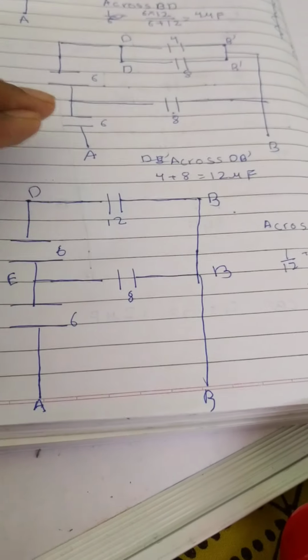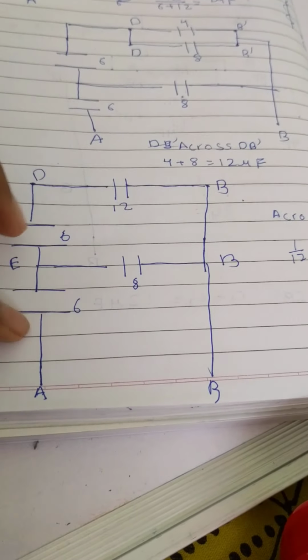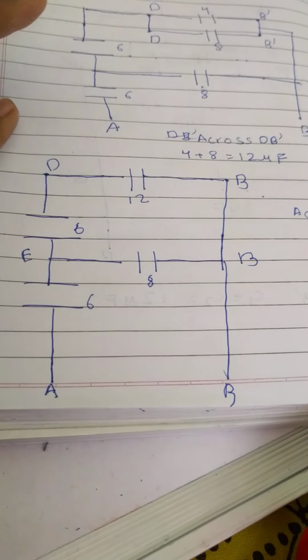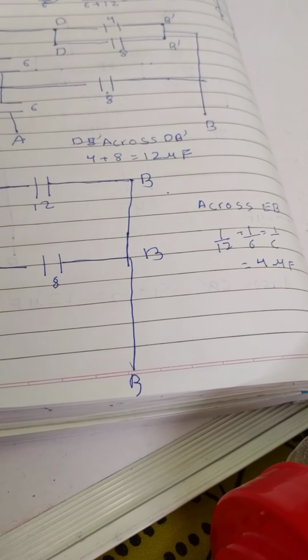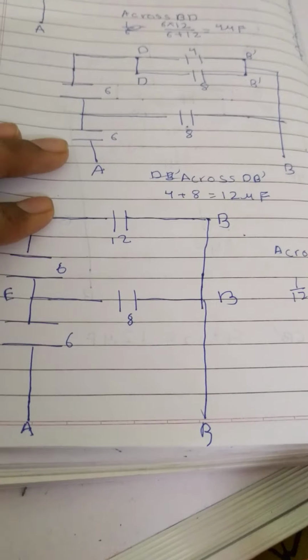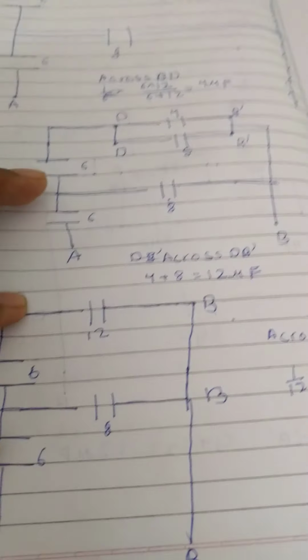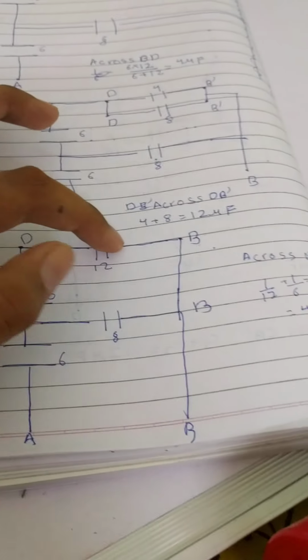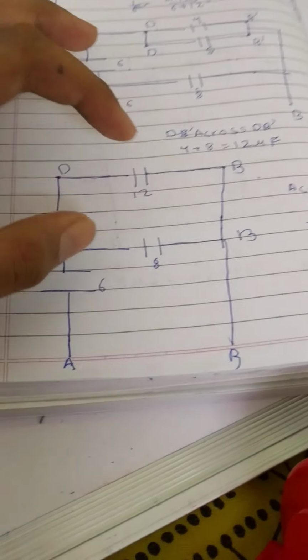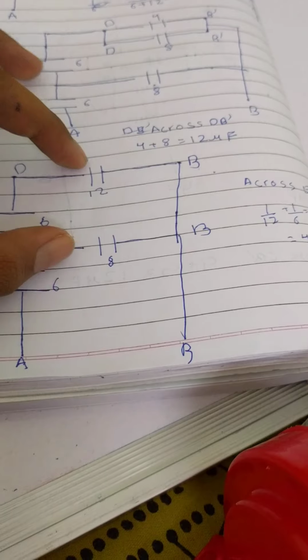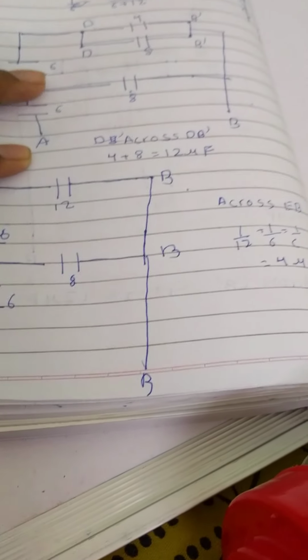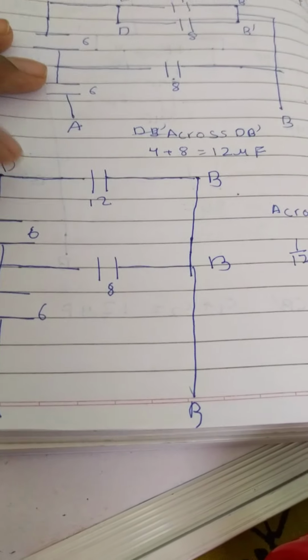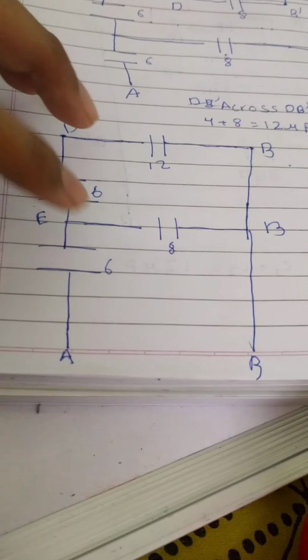Now across EB, not E, this is E, this is B. Across E and B, just tell me one thing, are these two in parallel? Sorry, I'm talking about these two. Sorry, I made a very big blunder.